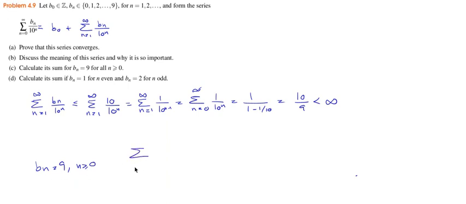So then we have the sum from n equals 0 to infinity of 9 over 10 to the n. That's the sum. So then we have 9 times the sum from n equals 0 to infinity of 1 over 10 to the n. But we computed this already before. This is 10 over 9 times 9. This is equal to 10.